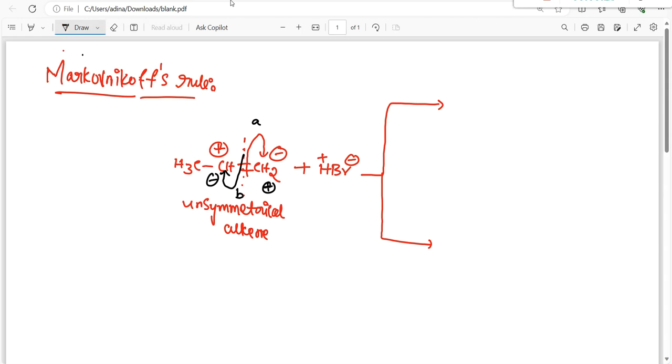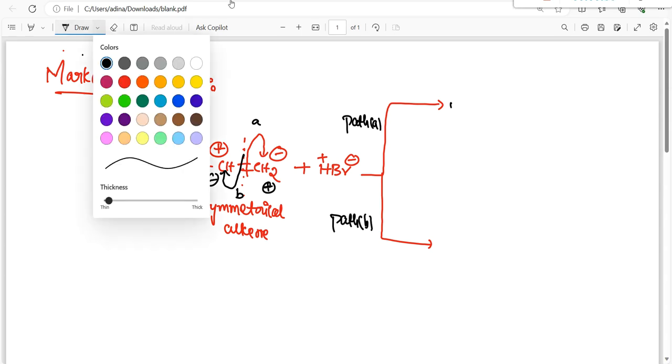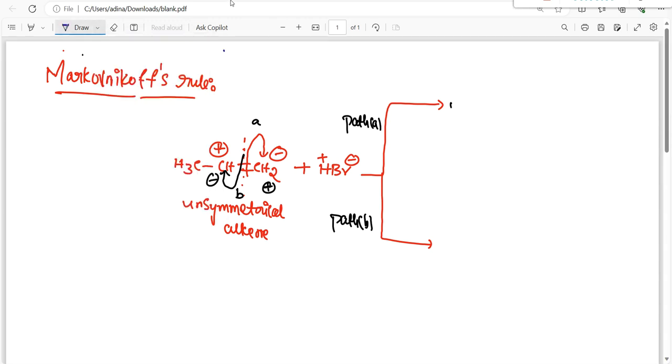Now let us understand what will happen in path A. This is the path A product and this will be the path B product. Here the double bond is shifted towards the right-hand side: CH3-CH+-CH2-.